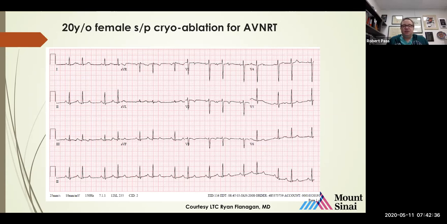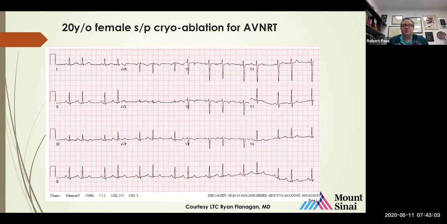In an awake patient, this should be considered abnormal virtually 100% of the time. The only time I can ever remember seeing a patient with this type of finding who had not had an ablation was when I once cared for a patient who was like a Division I 800-meter runner, a very fine runner, and she would Wenckebach at slow rates, and she had AVNRT.